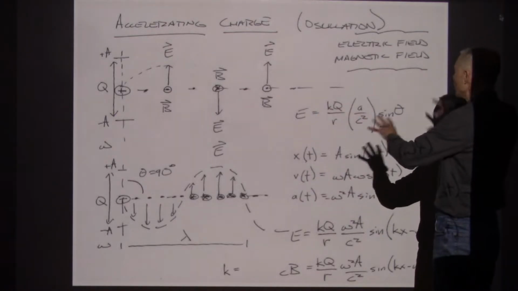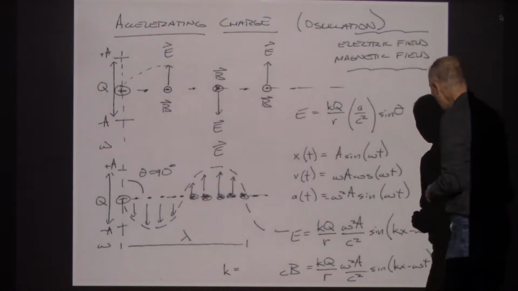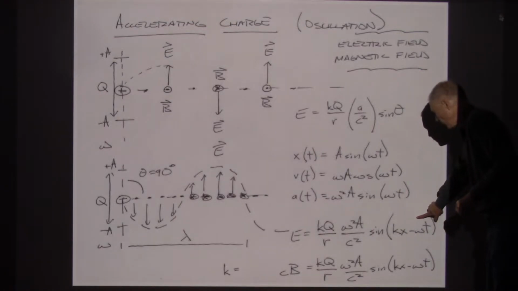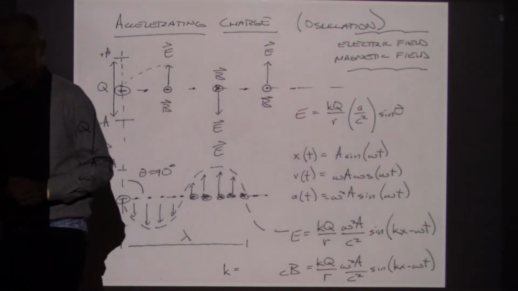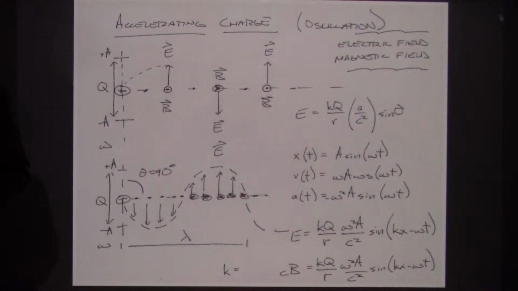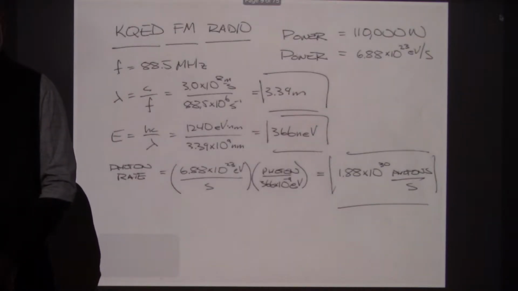Of all the stuff on here, you're welcome to look at this in as much detail as you want, but this is the real takeaway. The takeaway is that we're going to have these photons represented by some kind of a sine or a cosine function, and we think of that as representing the phase.